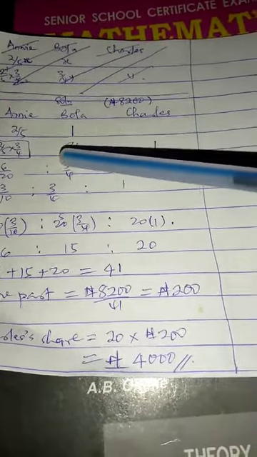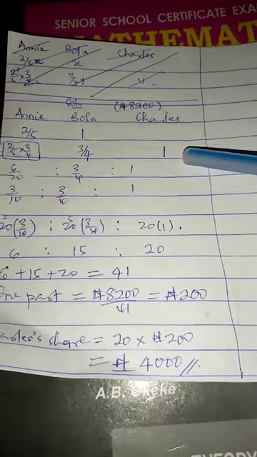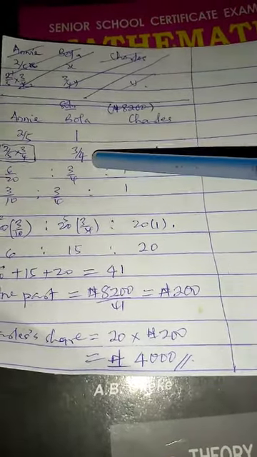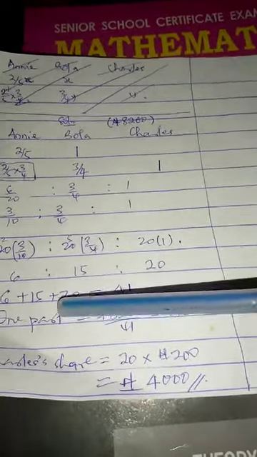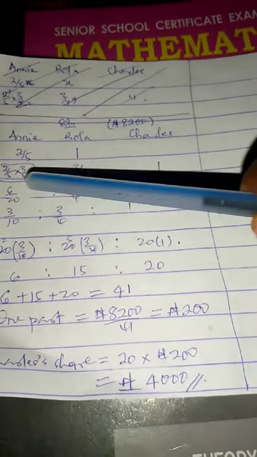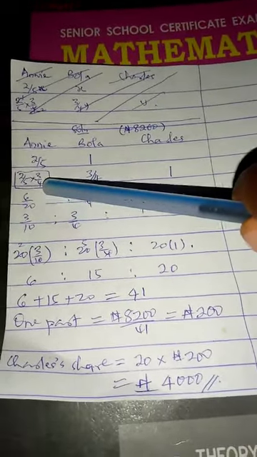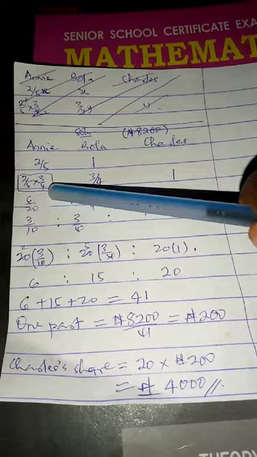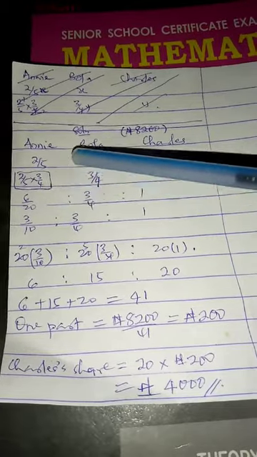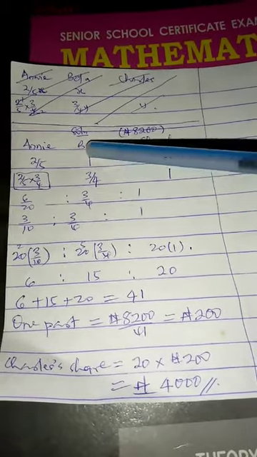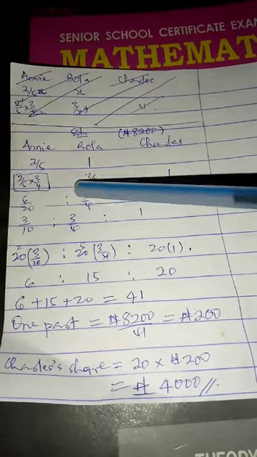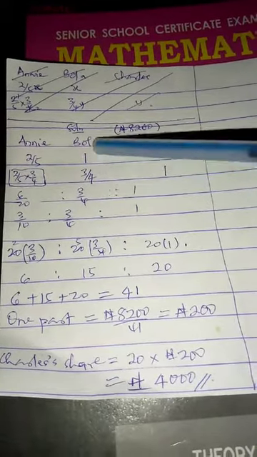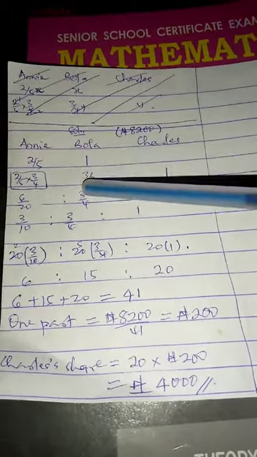You come to the second line. For 1 of Charles, Bola gets 3/4. You can fill here, you can fill here. I decided to fill this place. Here you have these 2 numbers, so you use it for your work. How?